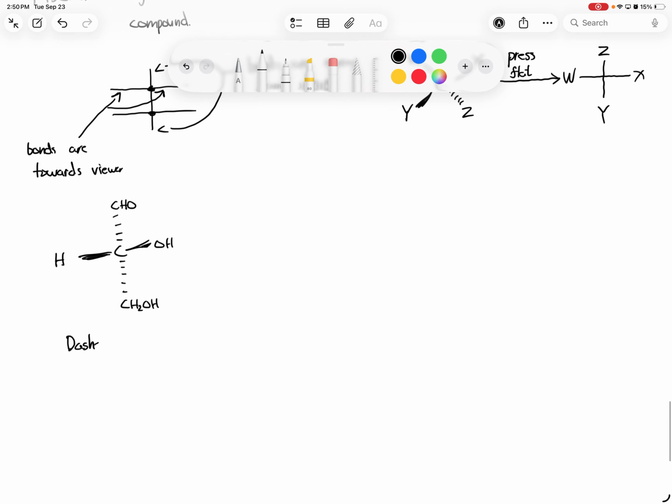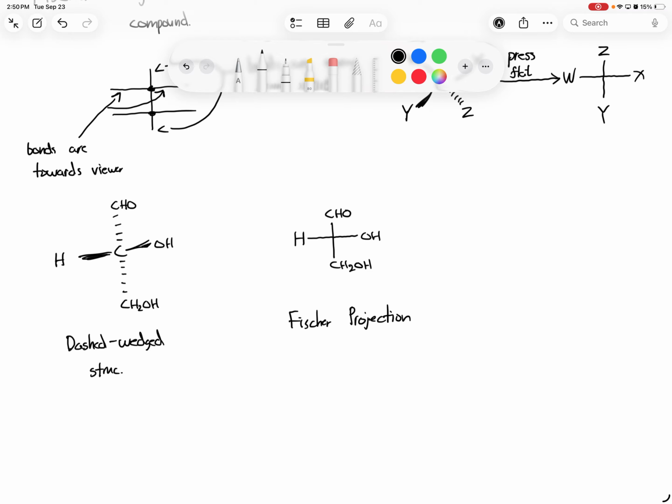So dashed. You can have 2 wedge bonds as long as you're looking at this orientation. So this would be the dash wedge structure. And then here, we convert it. They're all horizontal lines now. You don't even show the carbon atom. OH, CHO, and then CH2, OH. This is my Fischer projection.